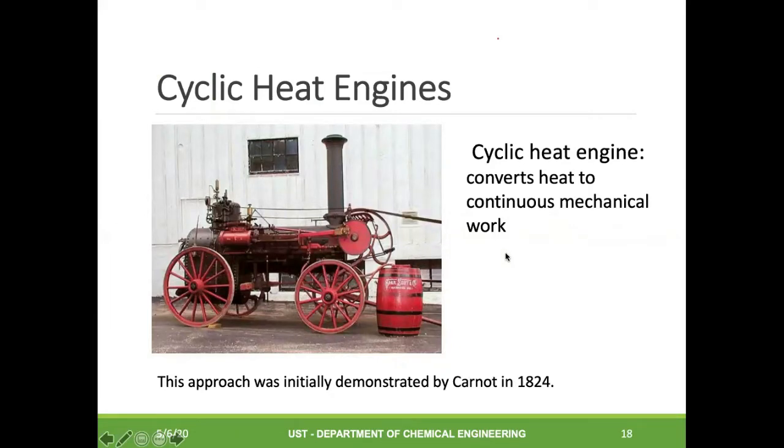If we consider the principle of a basic heat engine, the movement of the piston causes the production of continuous work. Input of heat is required in order to increase the temperature of the working substance. This is usually steam. High temperature steam comes in, operating at higher temperature and higher pressure.